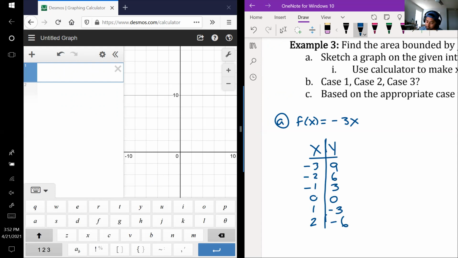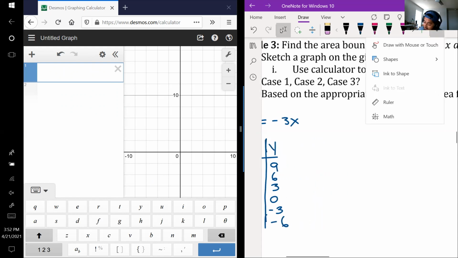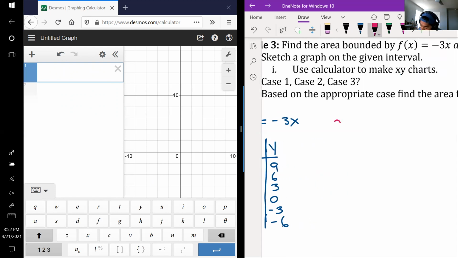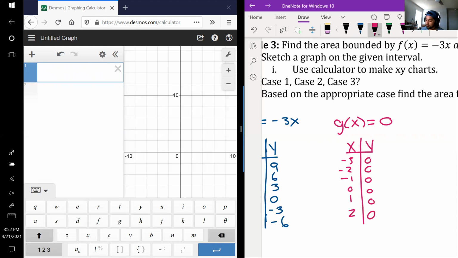Okay. And then the next function, lucky us again, is g of x equals 0. So the XY chart for that would look like the other XY charts. From negative 3, negative 2, negative 1, 0, 1, 2, the Y value will stay 0.